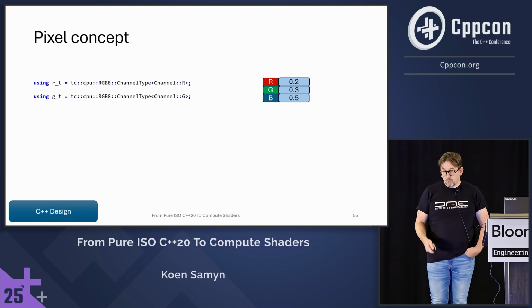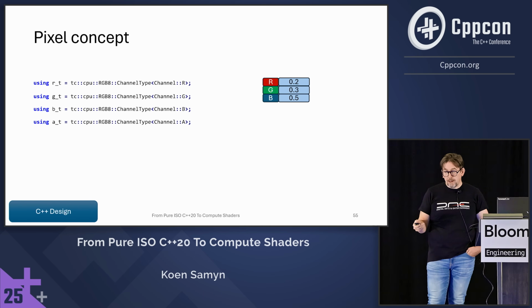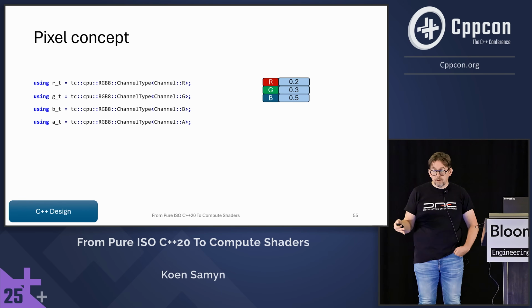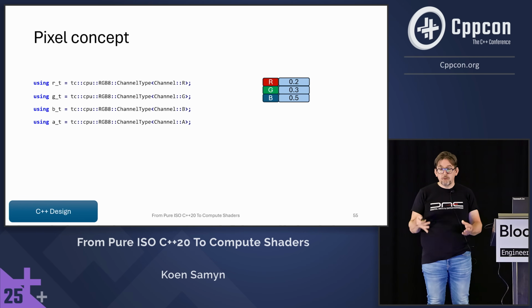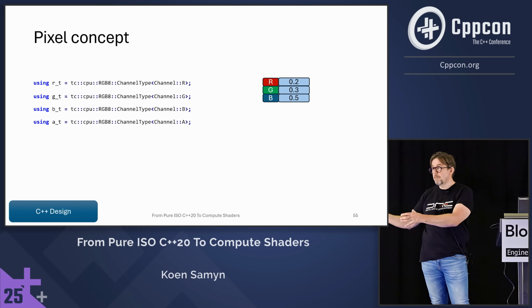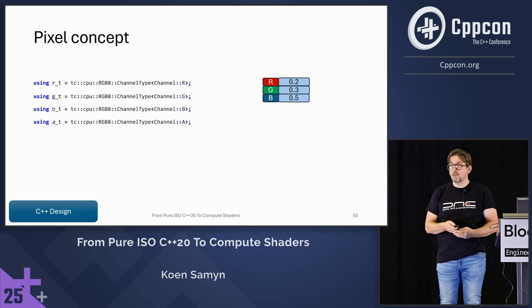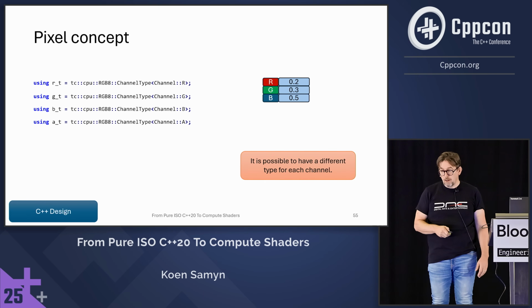All right. So what I also want is to be able to ask what the type of the channel is. I also want to do this in a templated way. So I have the RGB8 type, and I want to be able to ask that type what type you have for your red channel, what type you have for your green channel, and all the other channels, right?